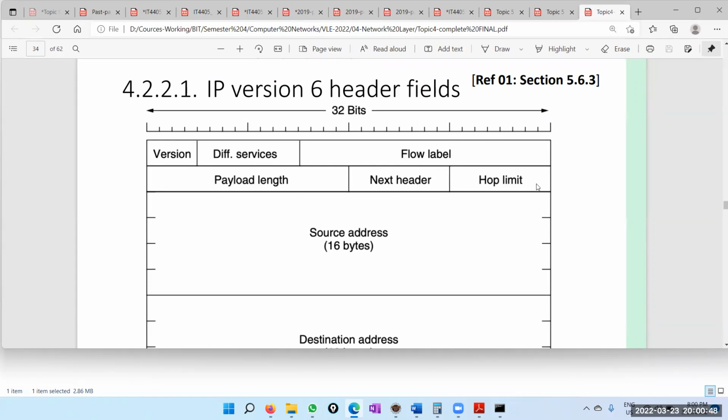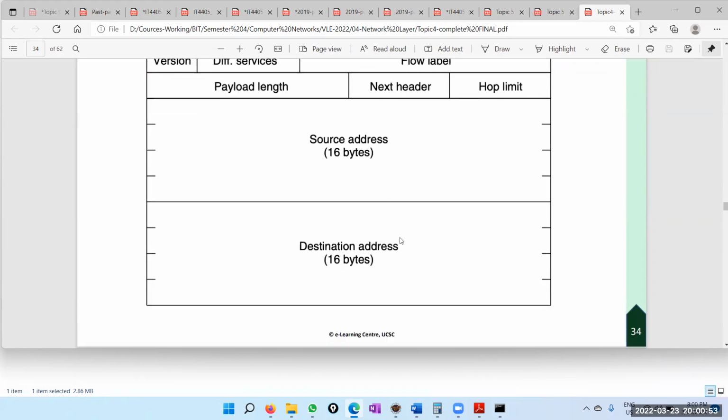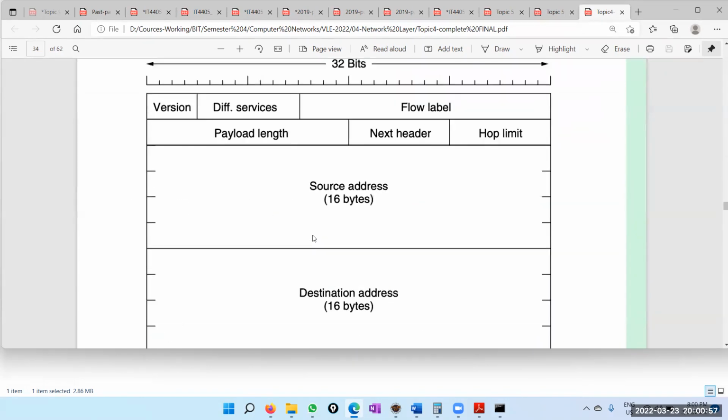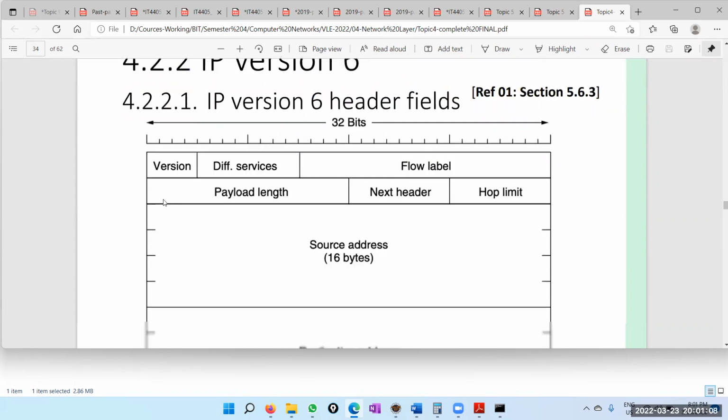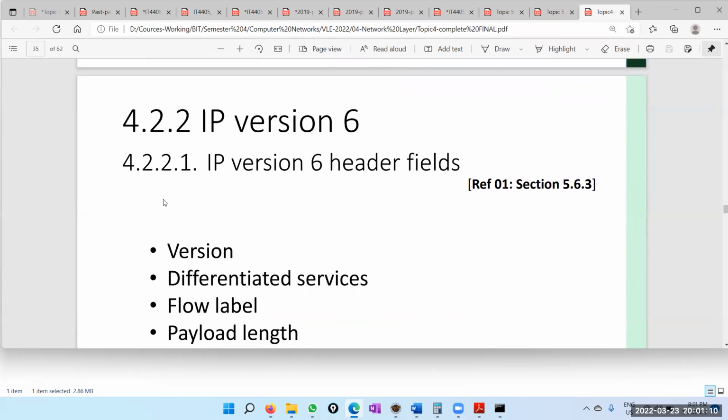Next header, hop limit is there. Right. Of course, the source IP address and the destination IP address. Right. Yeah, those things, right? So just remember those things. Payload length, next header, hop limit, source address and the destination address, as well as you have the version as well. Okay.